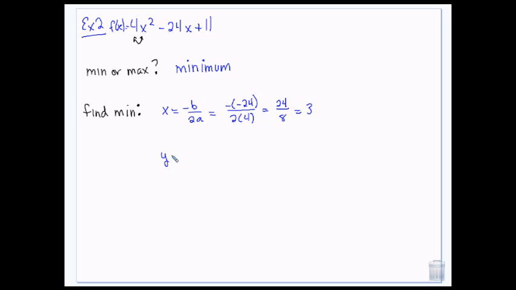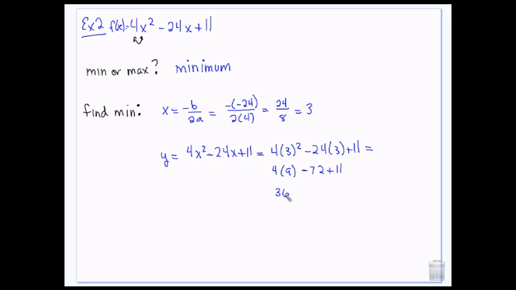And then I have to plug in to the actual formula that I'm given. So I plug in 4 times 3 squared minus 24 times 3 plus 11. So this is 4 times 9 minus 72 plus 11.